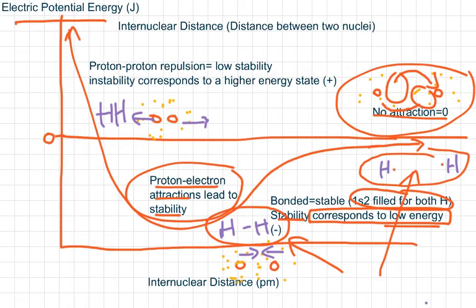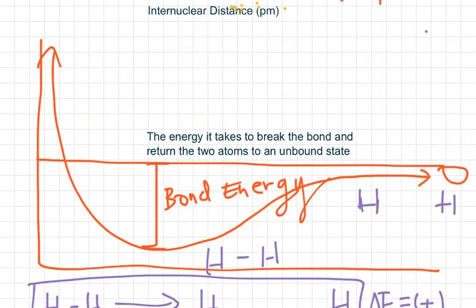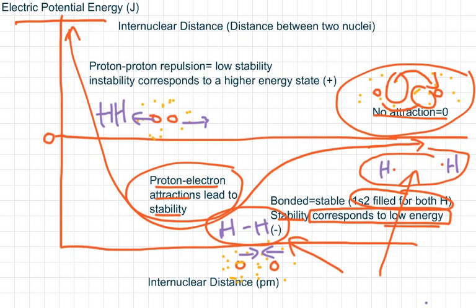And remember, hydrogen needs two electrons to be stable. So since it has one, then it won't be stable when they're alone. But when they come together, they will become more stable because each of them will now have two valence electrons, which fills the 1s2 orbital that the H needs to be stable.